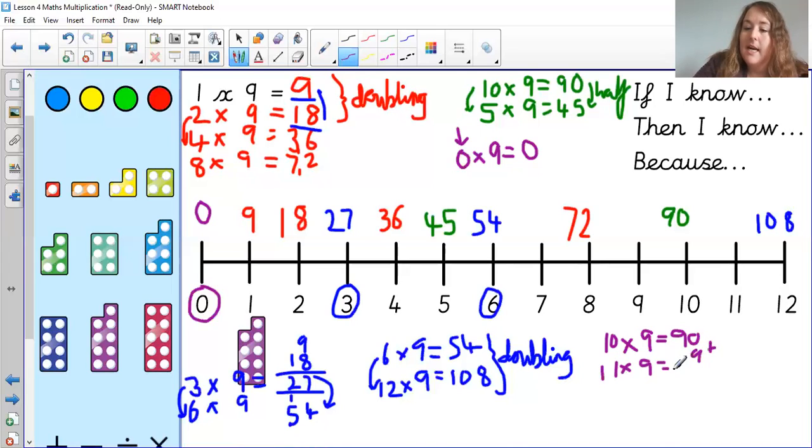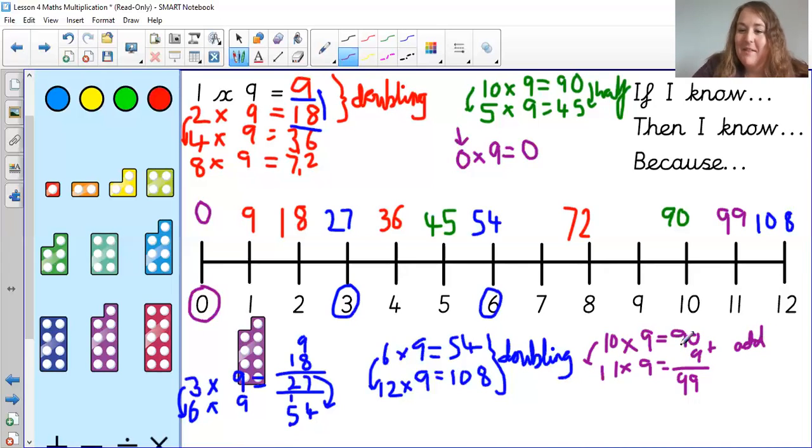So 90 add 9, 99. And I can add that one on, and this is in my purple colour. From there, so I added this one, so I'll pop my add word at the side. Hopefully you can read that.